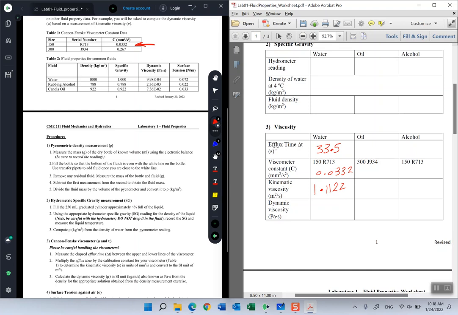We multiplied seconds by millimeter squared per second squared. So the units that we are getting here is millimeter squared per second. But this is not what it wants. It wants it in meters squared per second.